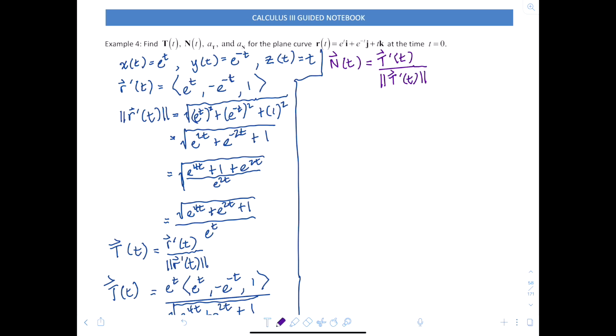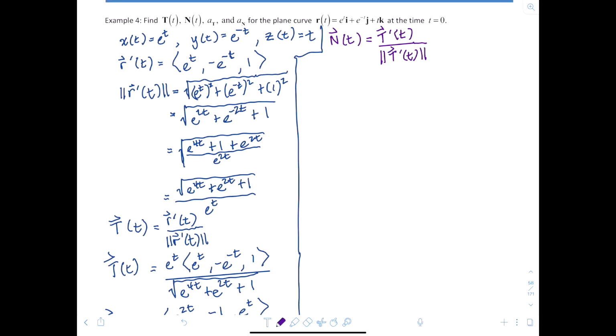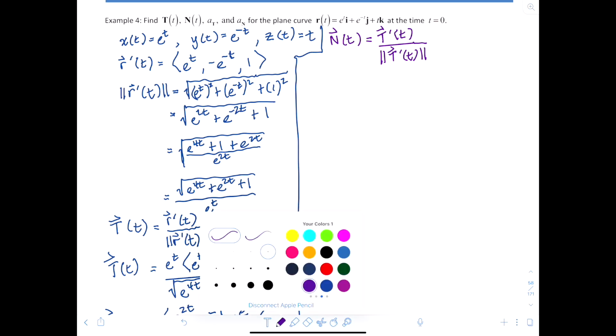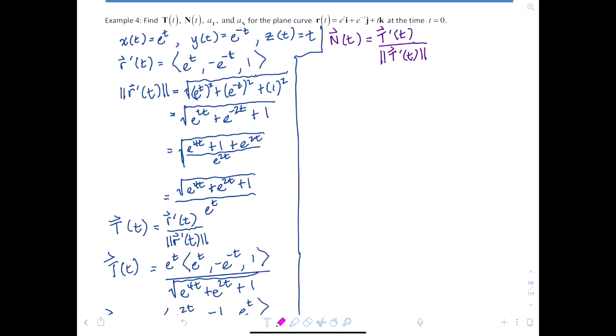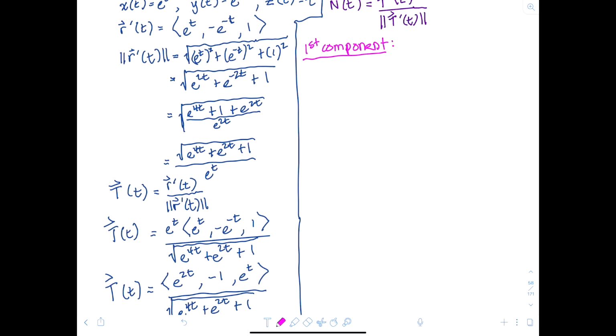Okay, so now t prime at t is basically going to be a few kind of mean expressions, right? So for our first component, sorry about my dog. So first component, what are we going to have?